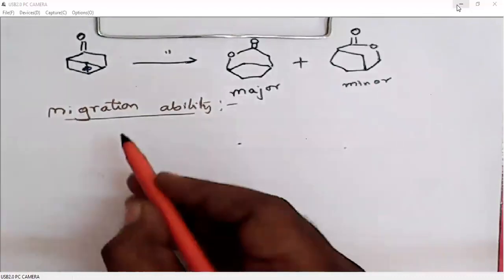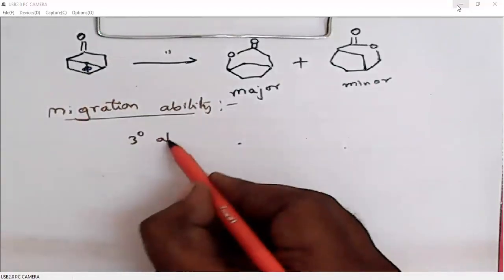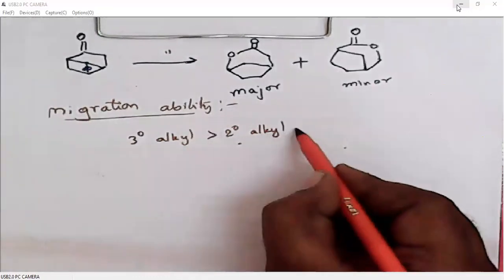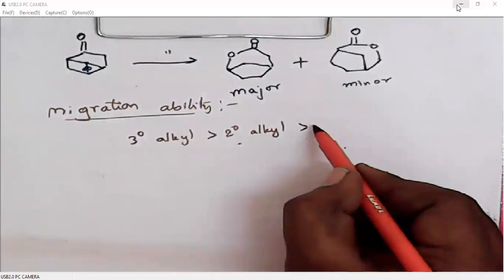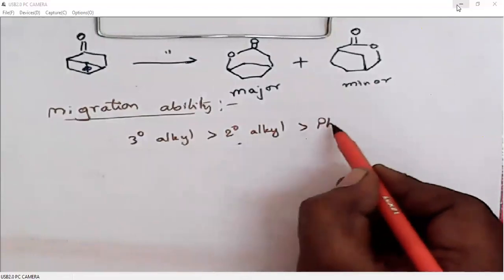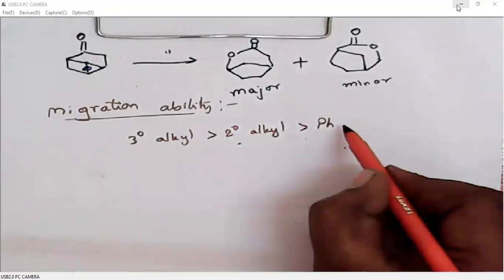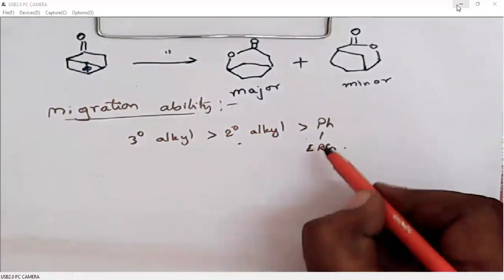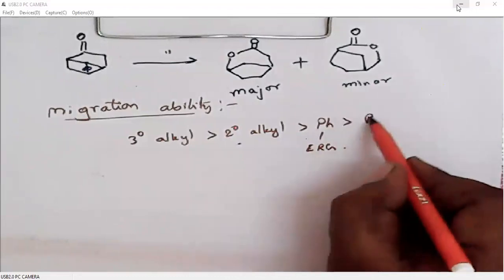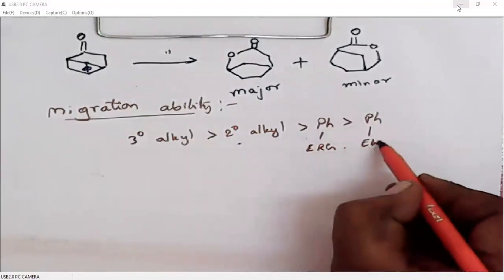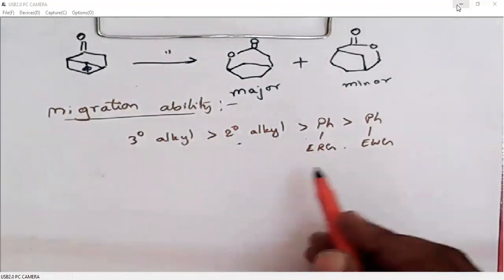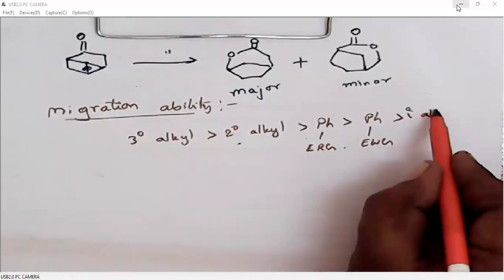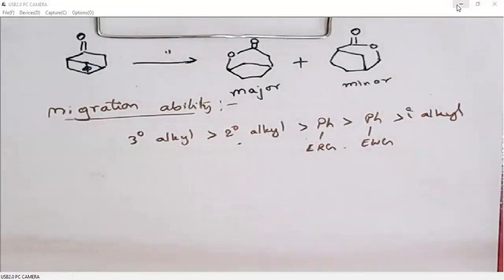So in this case, we can say a tertiary alkyl group migrates faster than a secondary alkyl group, which in turn migrates faster than phenyl, that means aromatic carbon. And for aromatic carbon, if you have electron releasing groups, it migrates faster. And if you have electron withdrawing groups, it migrates slower. Because as I said, it should be an electron rich system. Then primary alkyl, then finally methyl.